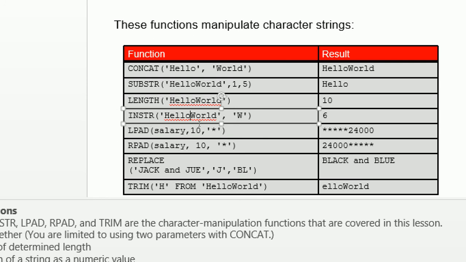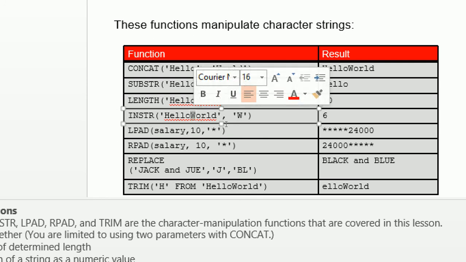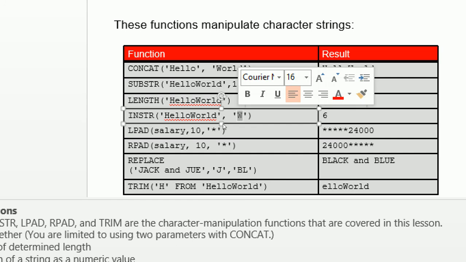If you ask for the position of D, it will display 10. Clear? So it is counting the position of characters. The length function will count all of the characters, and instring will give the position of any character you want.